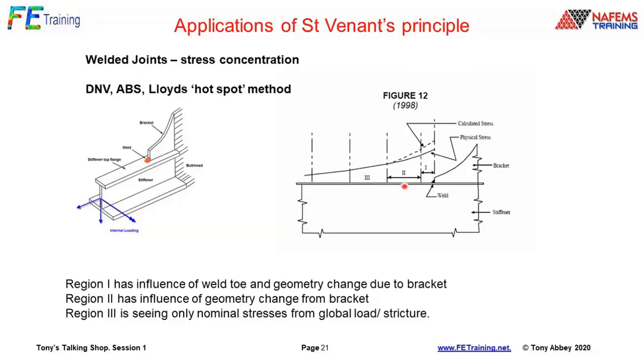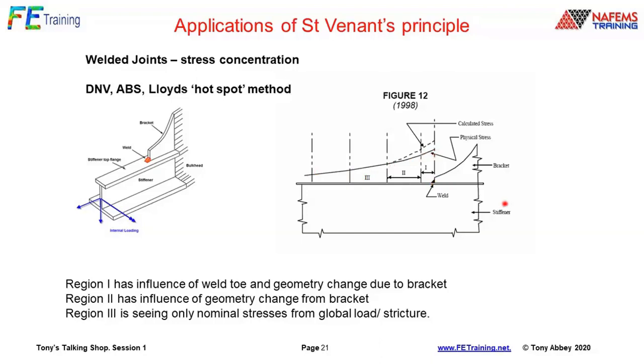Region 2 starts to see the influence of the bracket, and it's only region 1 that starts to see the influence of the weld toe. So based on that, if we take the stresses which are present in region 3 and 2, and we want to get rid of the influence of the local disturbance of the weld toe, then we can extrapolate through, and we've actually extrapolated this region, and then we get back to a nominal stress.